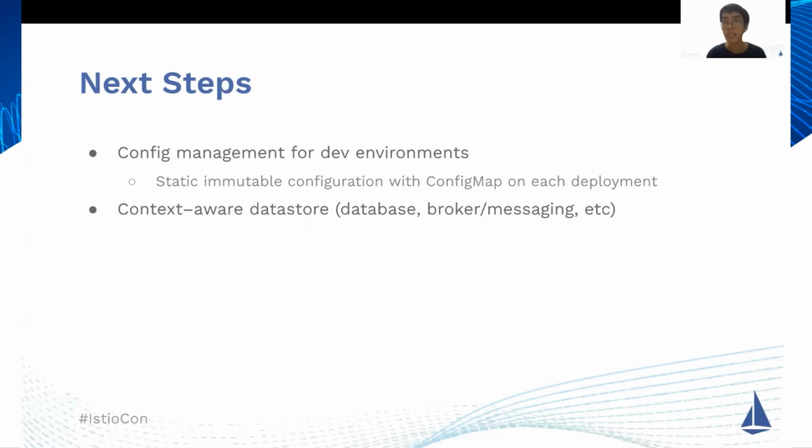As of now, we utilize Consul as our key value config store, but it is shared with the stable environment. So with that, we want to make the configuration at least immutable with the config map, so that each dev environment can have its own configuration based on the stable config.